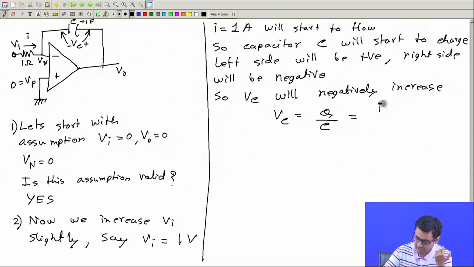Q is current I multiplied by a small time delta t, divided by C. The moment we increase Vi, this current will start to flow, and after delta t amount of time, this will be the charge accumulated across the capacitor, and this will be the voltage across the capacitor. So this is after delta t time.